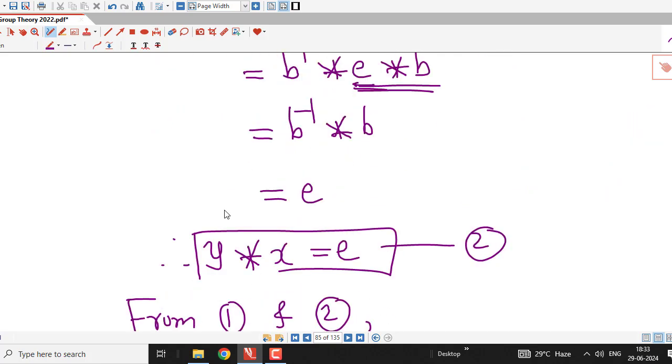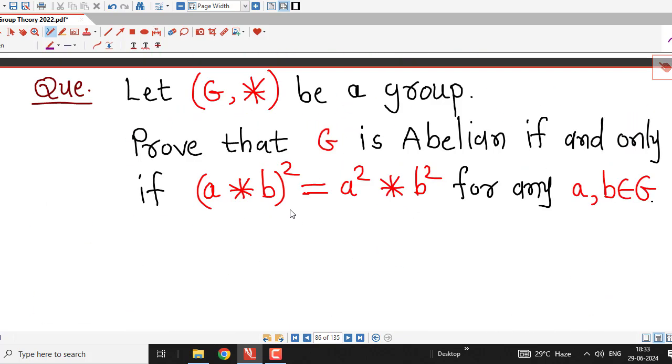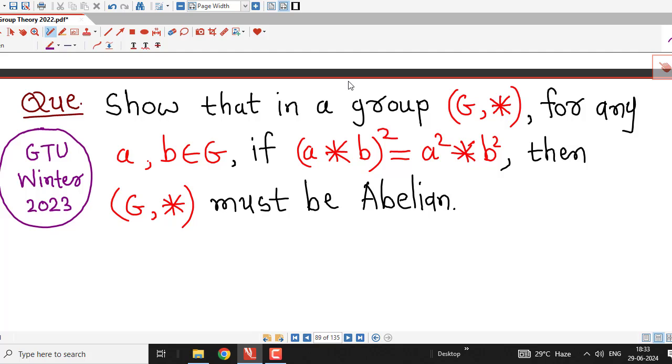They have asked another question also in this same exam, and it was asked that if you have this property in your group, if in your group G with star, for any two elements, if (A star B) square equal to A square star B square, then that group G is always abelian.